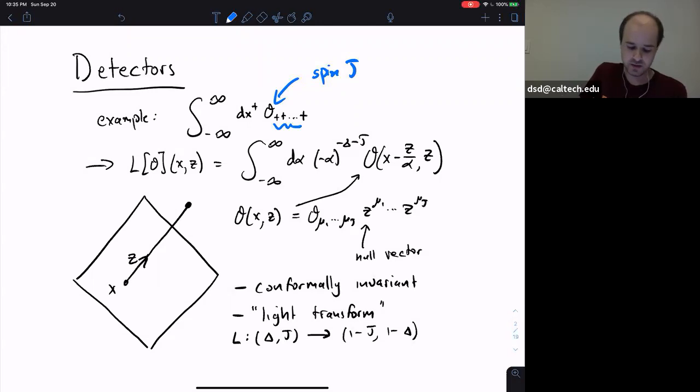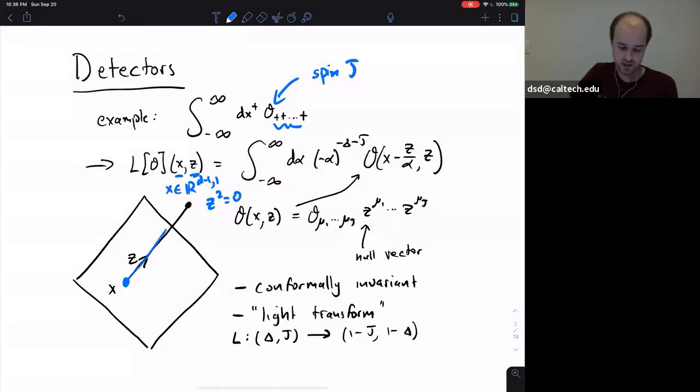The idea of the light transform is to label these null integrals by a point, x, and a null direction, z. So x is a point, let's say in Minkowski space, and z is a null vector, so z squared is 0. The picture is that x labels the initial point of the null integral, and z is the direction that the null integral is along.